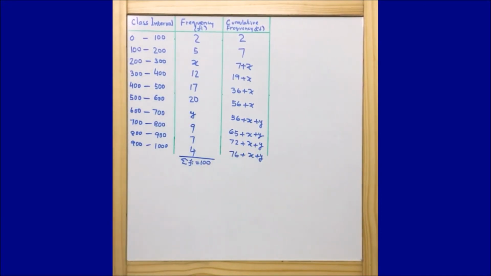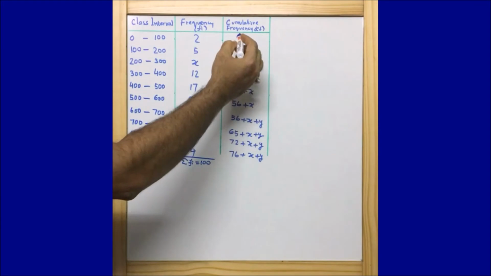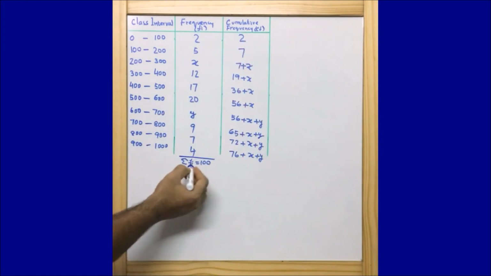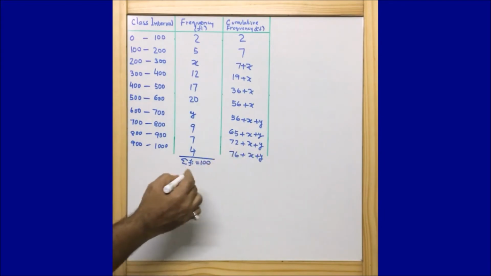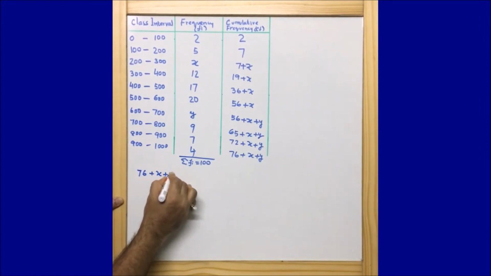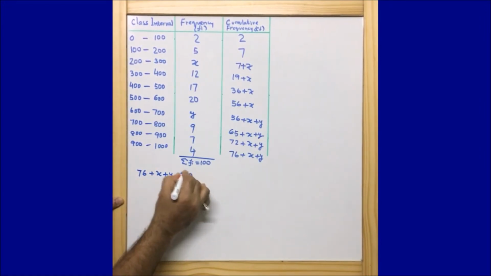Guys, one thing to note here is that this is the cumulative frequency table. We very well know that in the cumulative frequency, the last value will be the sum total of the frequency, that is 100, or the sum total of this column. That means I can write 76 plus x plus y is equal to 100.